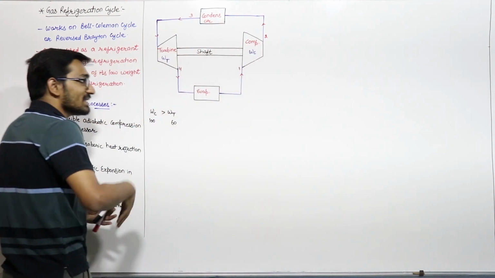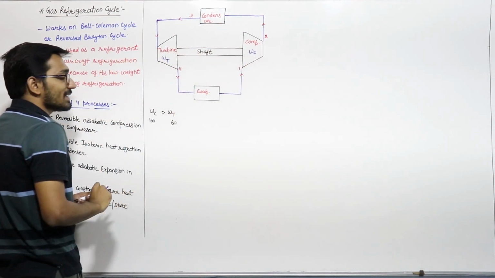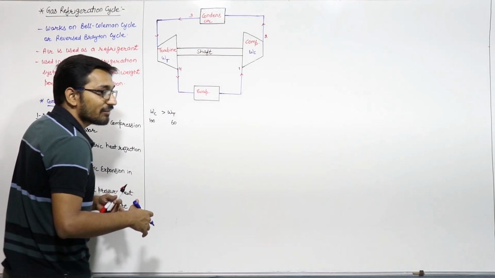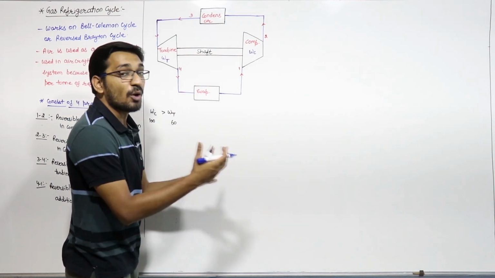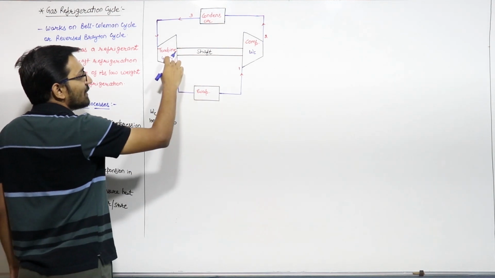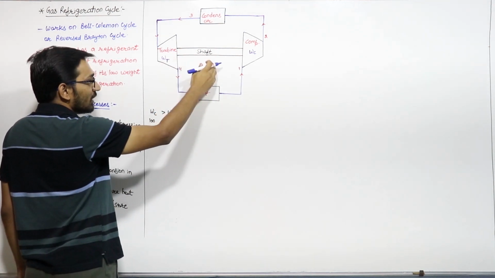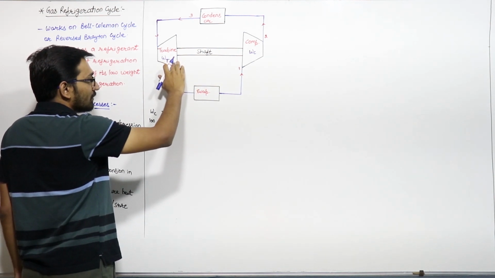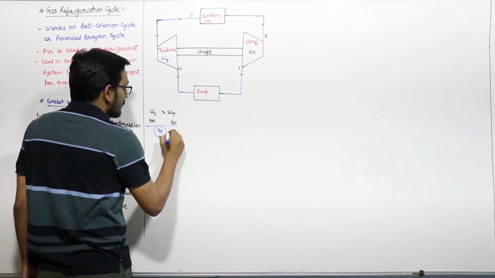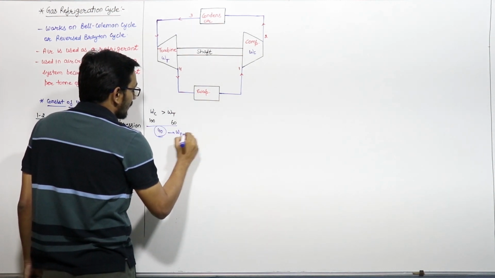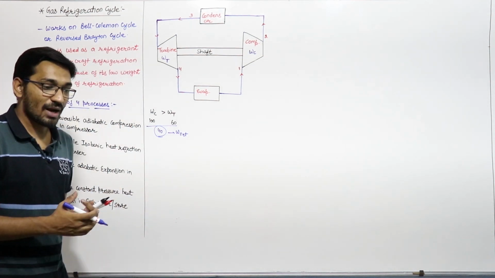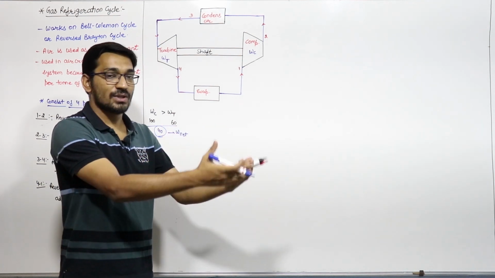So we are using this turbine work to run this compressor, and now what is the net work which we have to give to the system from outside? It requires 100 units. 60 units this cycle will manage from itself, from the turbine work. So out of this 100, only 40 units is the net work which you have to give from the external to the system.